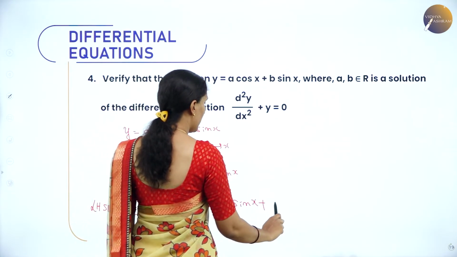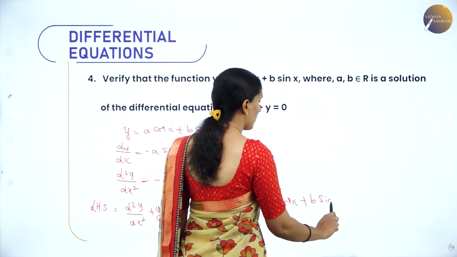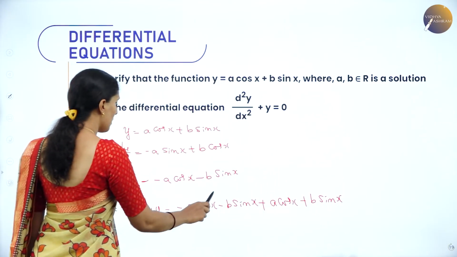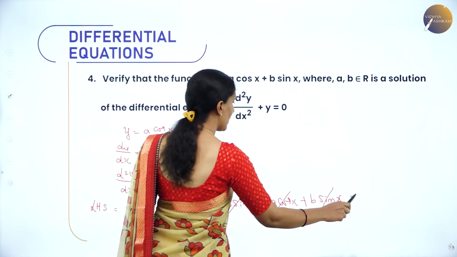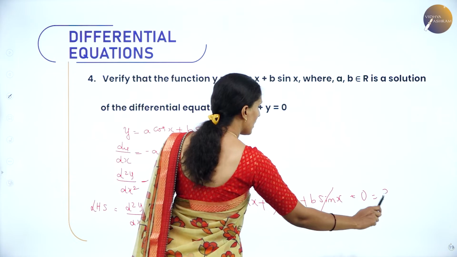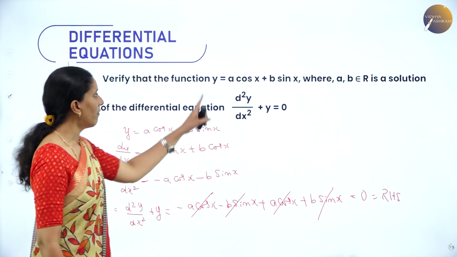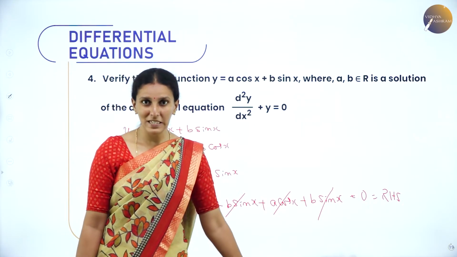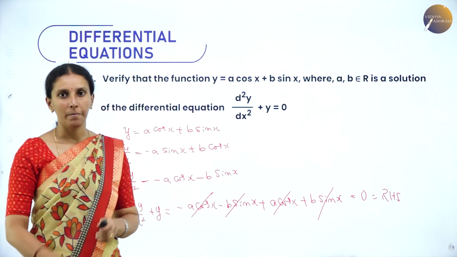What is y? It is a cos x plus b sin x. So clearly you can see minus a cos x plus a cos x, minus b sin x plus b sin x is equal to 0, which is the RHS. So therefore, hence we can say y is equal to a cos x plus b sin x is the solution for the differential equation given.